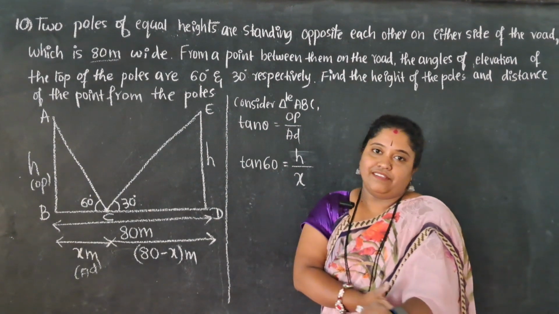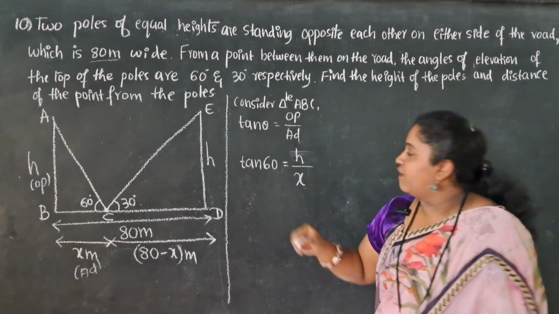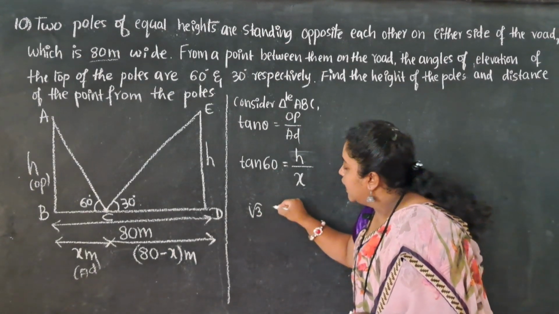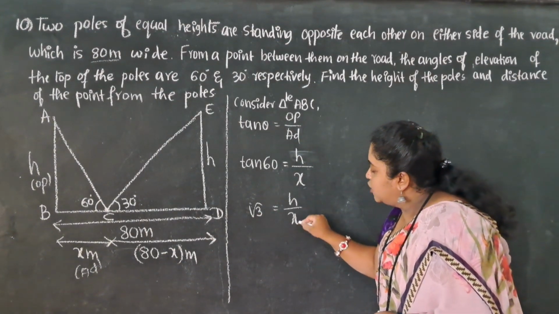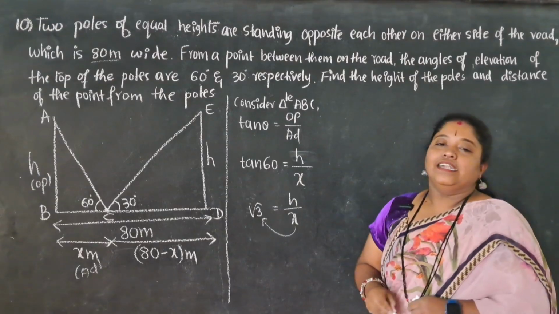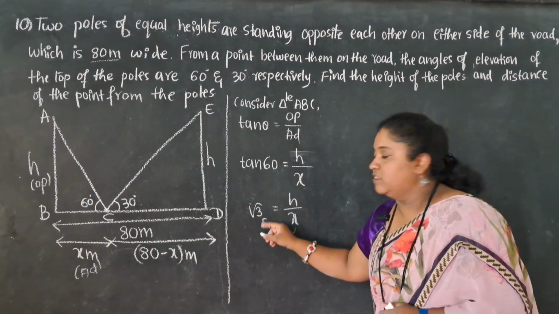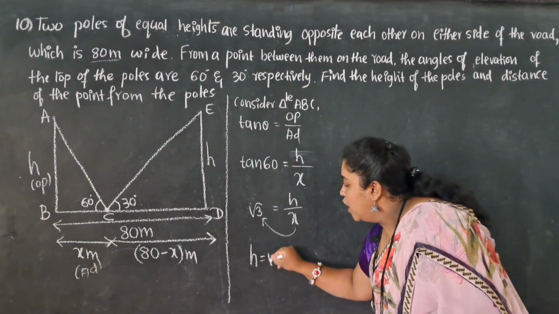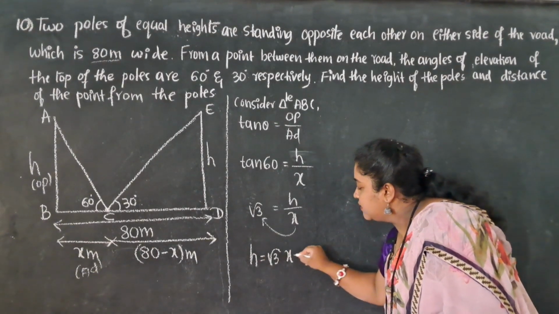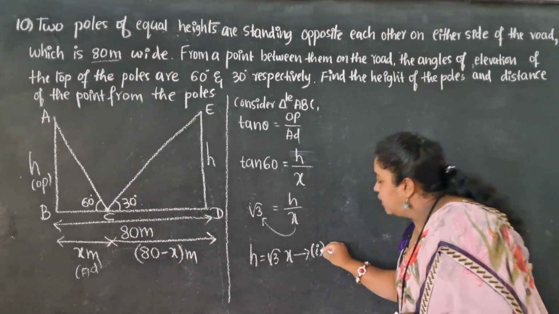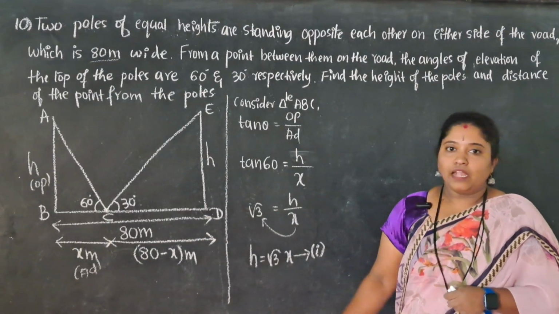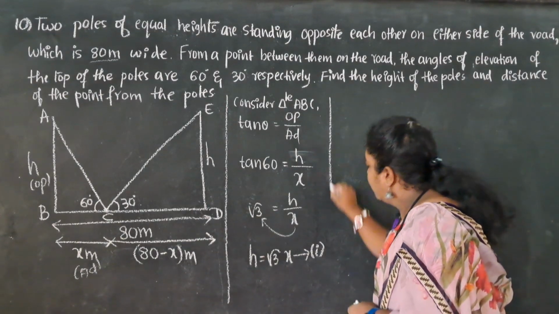Remember the tan 60 value, which is root 3. So root 3 is equal to h by x. Bring x to this side. Division turns to multiplication. Now x goes to this side and h will become root 3 into x. Let it be equation number 1.